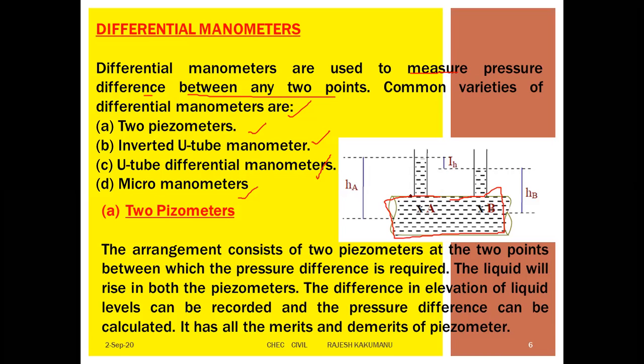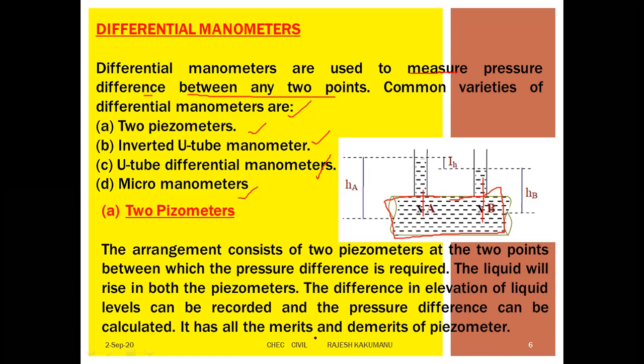You have a container which is pipe shaped, and in the container you have the fluid. The liquid rises in both the piezometers. Whenever the piezometer is placed here, automatically the liquid rises from the tube into the piezometer. The difference in the elevation of the liquid levels can be recorded and the pressure difference can be calculated.